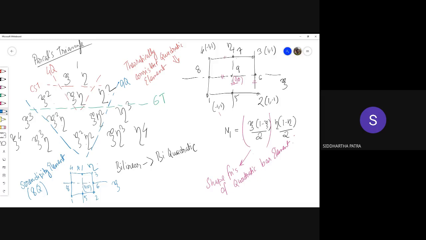Now, which of the terms do you think we should omit? Which term do you think should be omitted from these? Sir, xi square eta square. Why? Sir, since we are taking the middle node, number 9, there xi equals 0 and eta equals 0, those two lines will not be considered. So that means I can also remove xi eta, right? Or for that matter xi or eta.